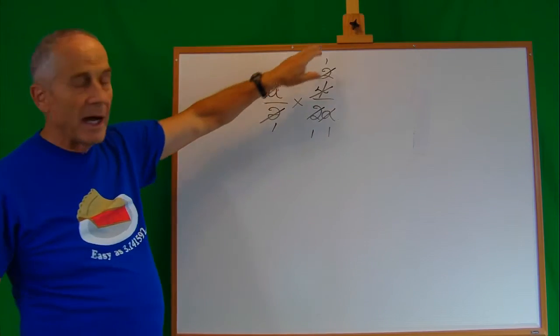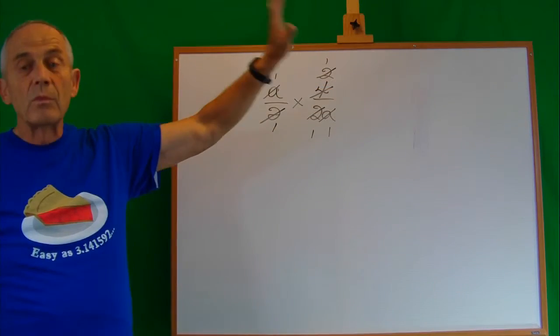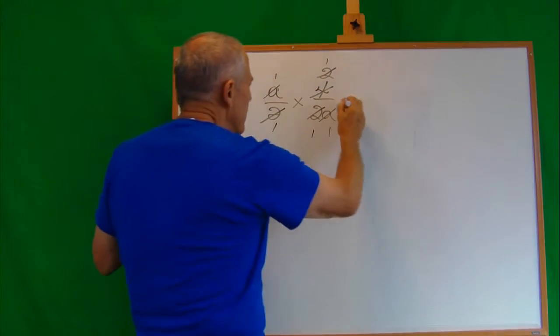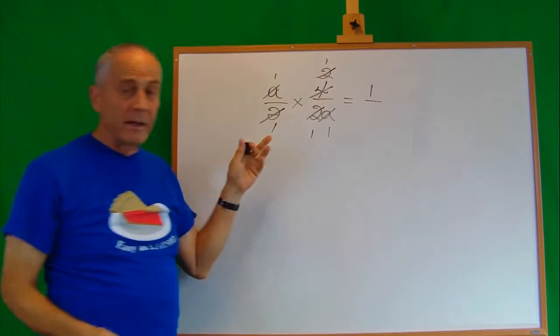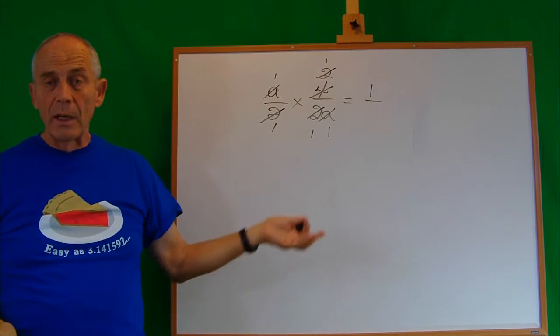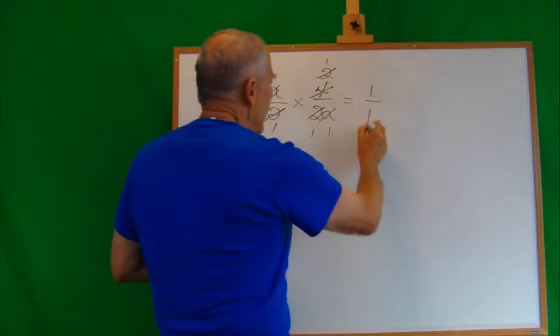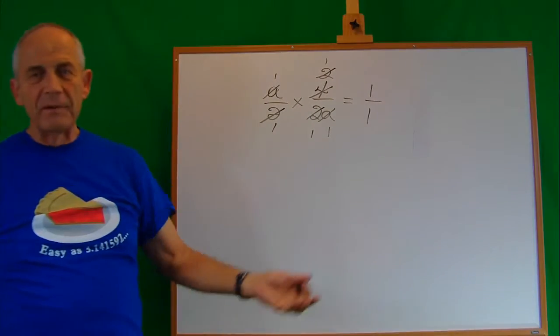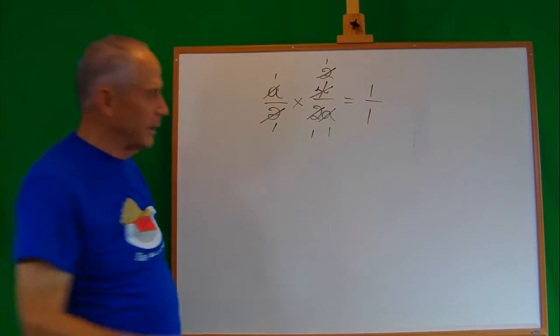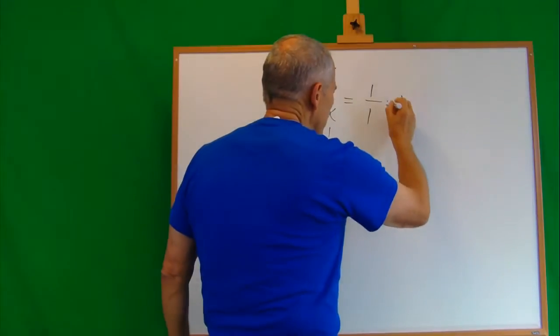I've got 1 times 1, which is 1. My denominator is 1 times 1 times 1, which is still 1. And any number divided by itself, even 1, is still 1. So our answer is 1.